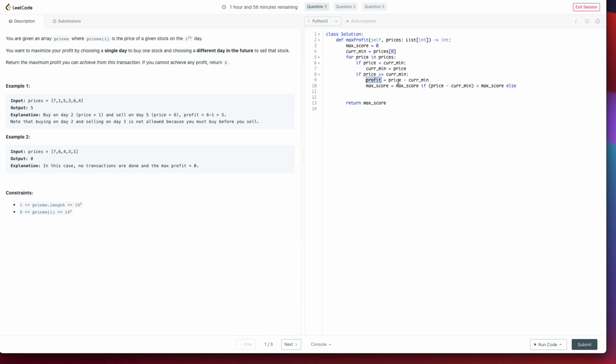And our profit would be, let's say, 4. And then if this profit is less than the max score, then we just keep the max score, else we'll just update the max score with the profit.